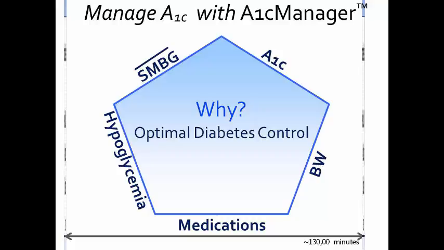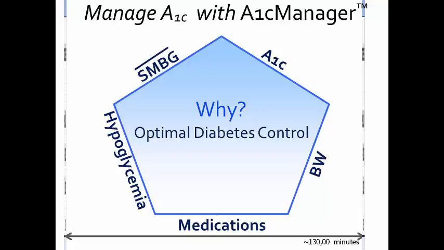The target range for before meal readings is between 80 and 140 milligrams per deciliter. The target for after meals is between 80 and 180 milligrams per deciliter. When this occurs, the second arm of the pentagon, the A1cManager, will be in the target range.